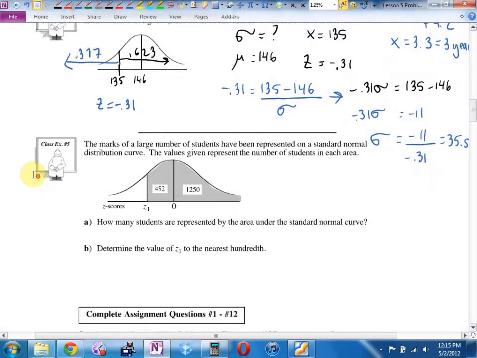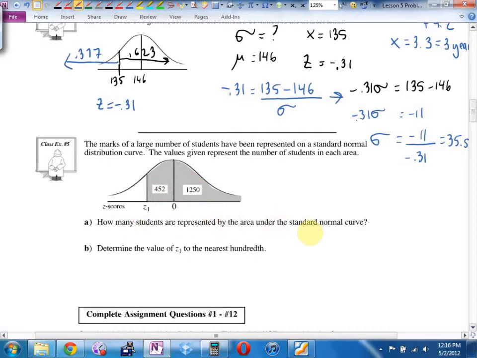It says this: the marks of a large number of students have been represented on our standard curve. Colleen, what's the mean here? That's why there's a Z, because this is our standard normal with a mean of 0 and a standard deviation of 1. The values given represent the number of kids in each area. How many are in the right half here?